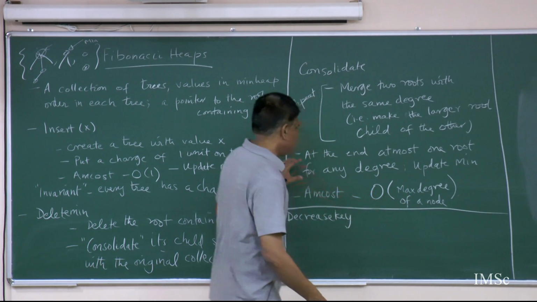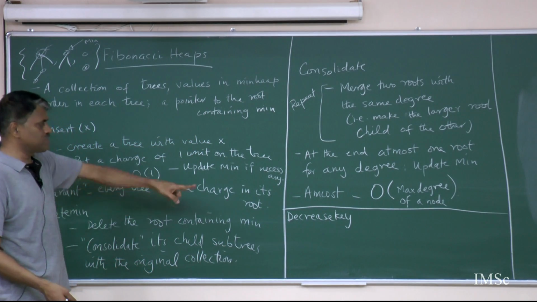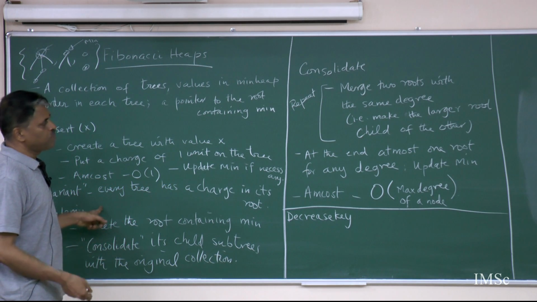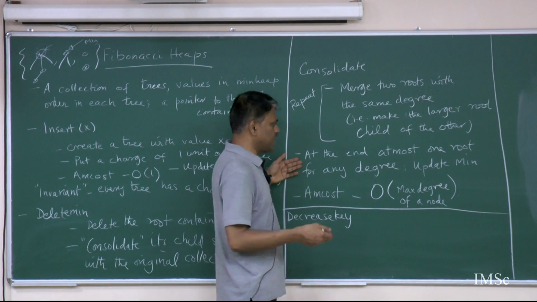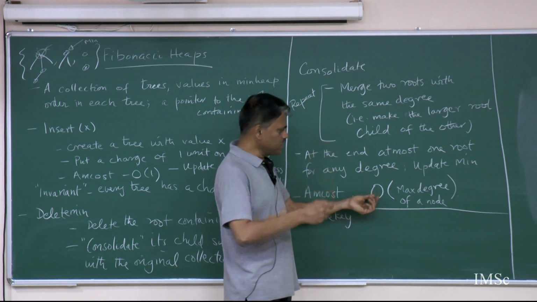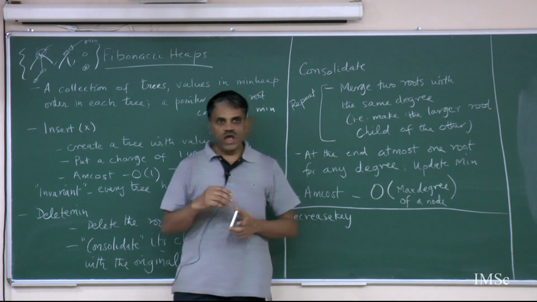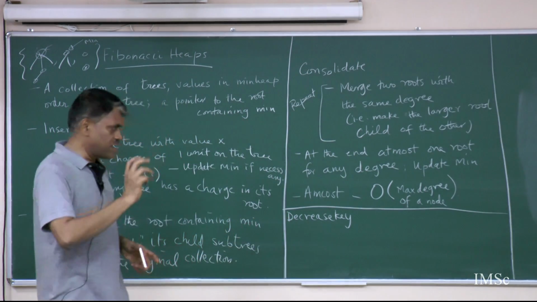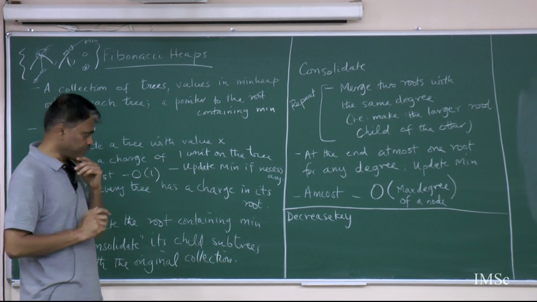At the end, I also want to maintain the invariant that every tree has a charge in its root. That can be max degree many trees at the end, so I'm going to put 1 charge on each. So the amortized cost is order of the maximum degree of a node. And we will argue that, which is the only thing I left last time, that the maximum degree is logarithmic in the number of nodes in the tree.